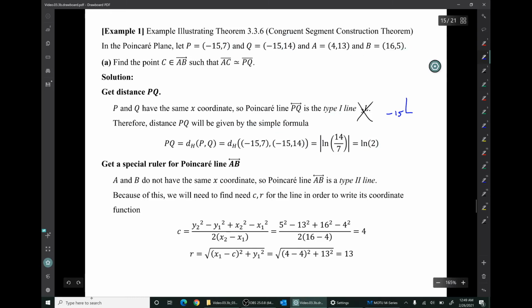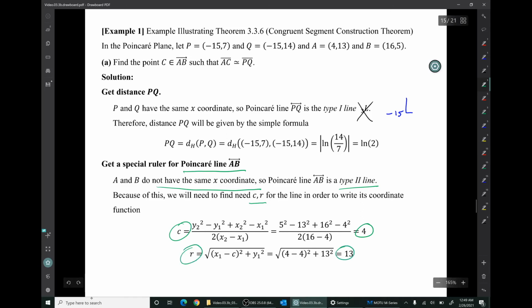Now we have to get a special ruler for Poincare line AB. Now A and B do not have the same x-coordinate, so the Poincare line that they lie on is a type 2 line. Because of this, we'll need to find the center and the radius for that line. If you do the calculation, you find the center is the number 4, so (4, 0) are the xy coordinates of the center, and the radius r is the number 13.